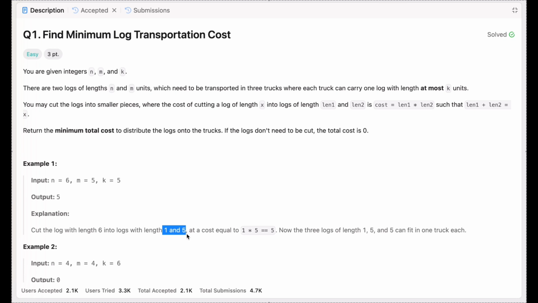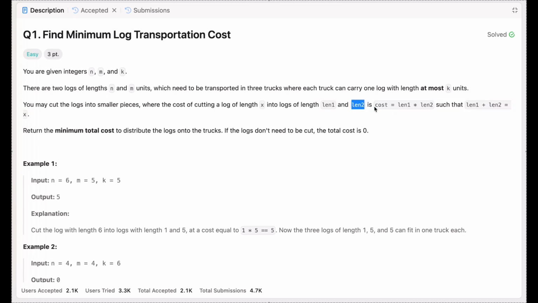But cutting costs money. The cost is based on how you cut the log. Here the total cost is 1 times 5, which is 5, and that is given here. So you may cut the log into smaller pieces, where the cost is based on the lengths of the two pieces, length 1 and length 2.